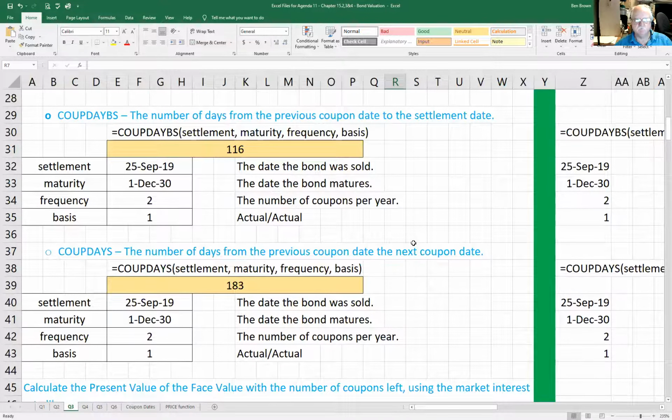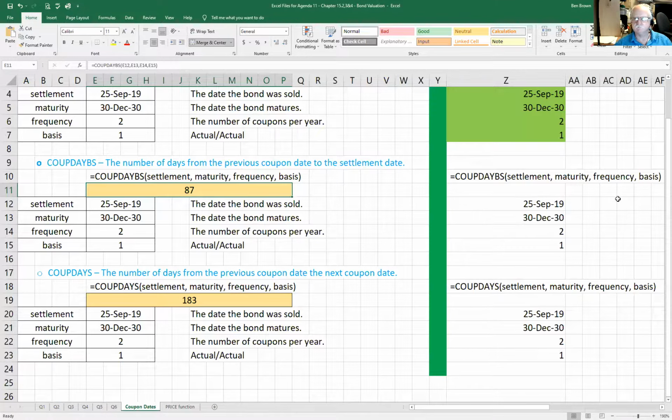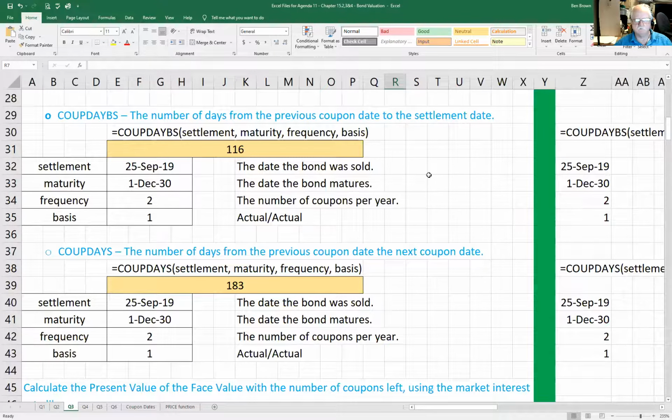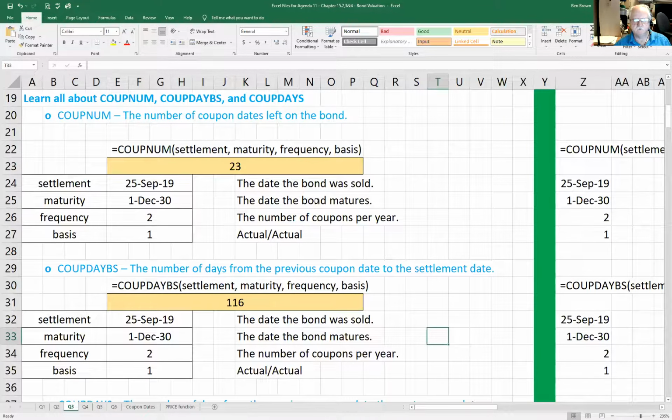So when I come back here, I can see that for some unknown reason, this is a different answer. Let's figure out why. That works. That works. $187. So I'm not sure why that 180 or why that is not 116.